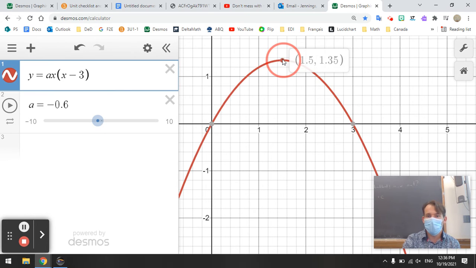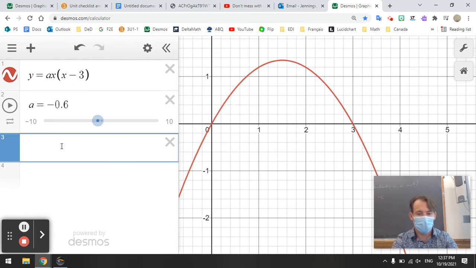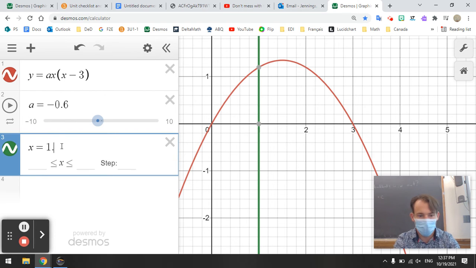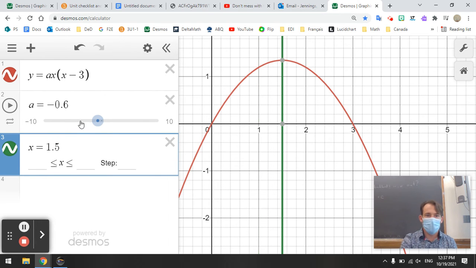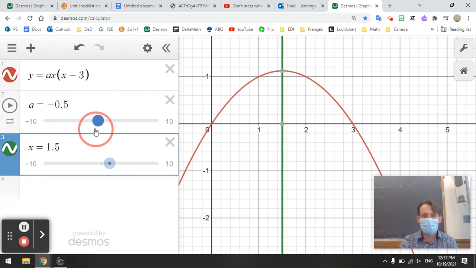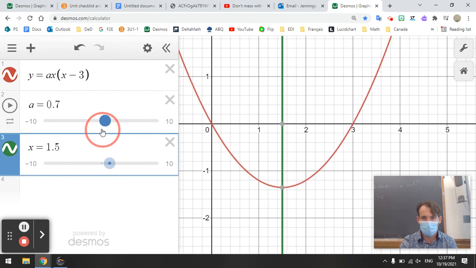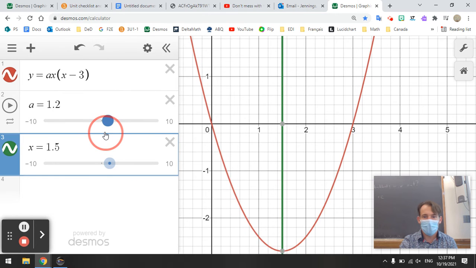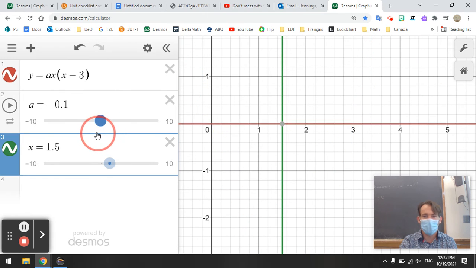And then, let's take a look at the vertex. There it is, 1.5, 1.35. So I'm just going to put that line of the axis of symmetry, x is equal to 1.5, here. And notice that as I look at the infinity of parabolas that have zeros at 0, 0 and 3, 0, I'm always getting a vertex that is on that axis of symmetry.